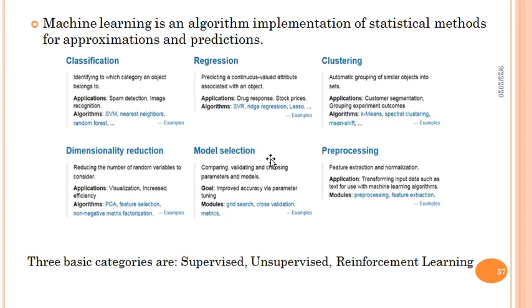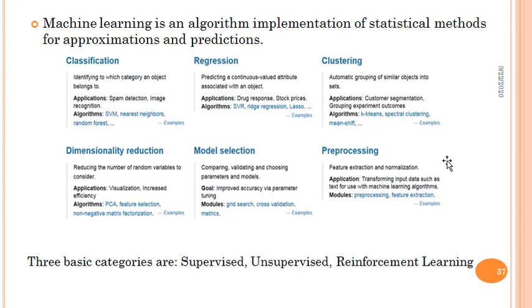The last important thing in machine learning is the pre-processing step, right? Pre-processing normally involves feature extraction and normalization. If the data we want to process through machine learning is not in good shape or not of good quality, then we employ a number of pre-processing techniques to bring it to a certain quality level.